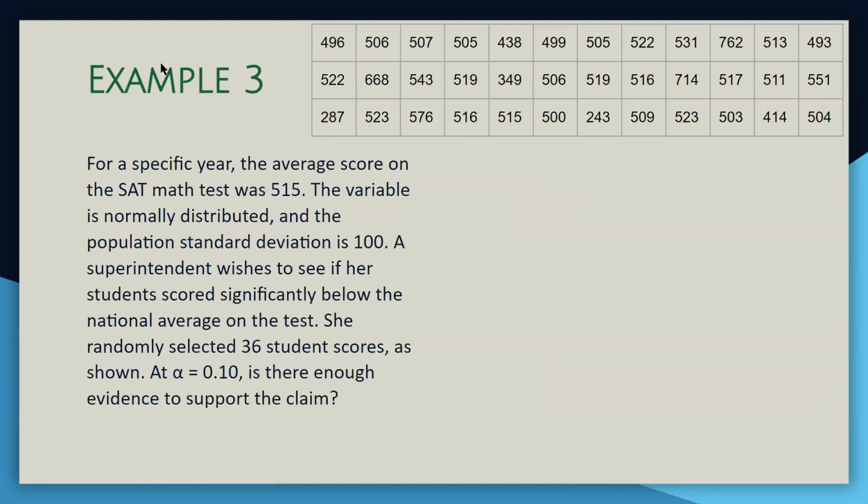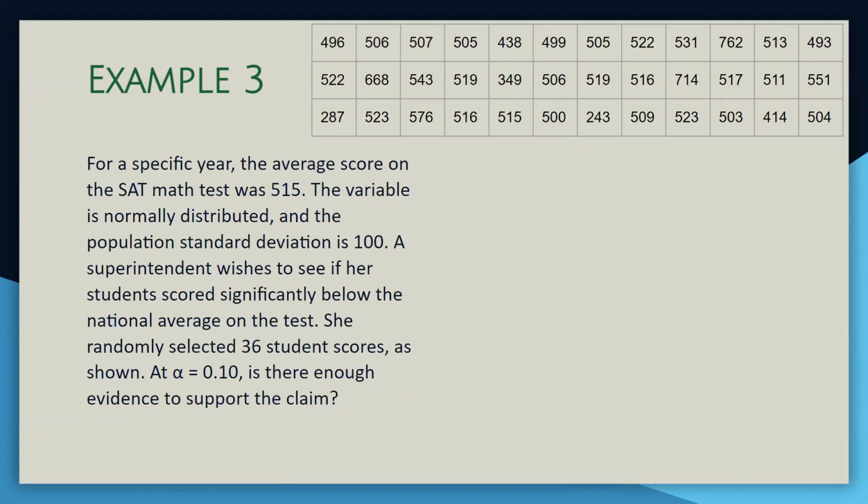So it says for a specific year, the average score on the SAT math test was 515. The variable is normally distributed and the population standard deviation is 100. A superintendent wishes to see if her students scored significantly below the national average on the test. She randomly selected 36 student scores as shown.